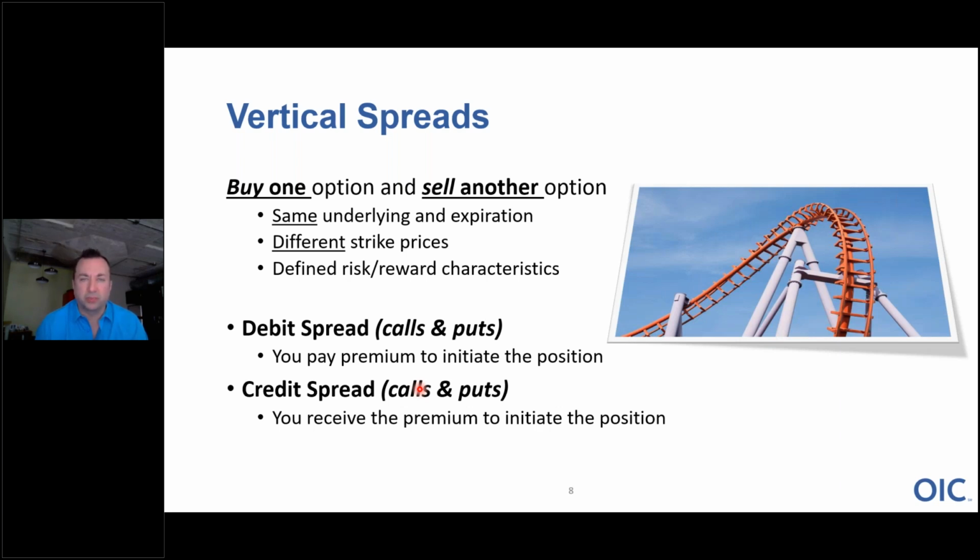They have a directional opinion and they are more confident that that opinion is going to come to fruition. Buyers know that they are going to suffer from time decay and the natural erosion of option premium, but they're confident that the stock movement in their favor is going to overcome that. So they want to spend less to make more.